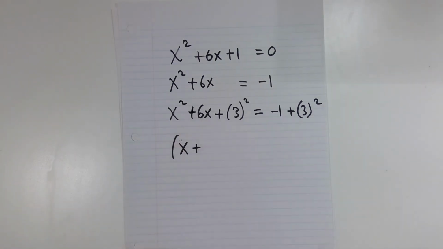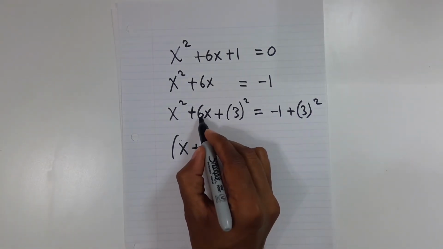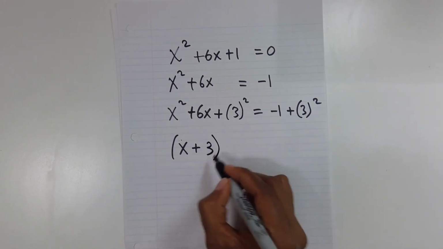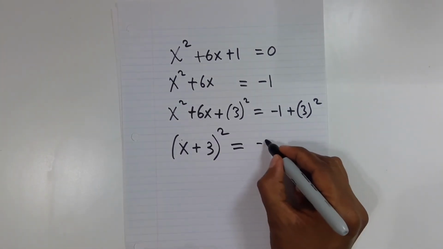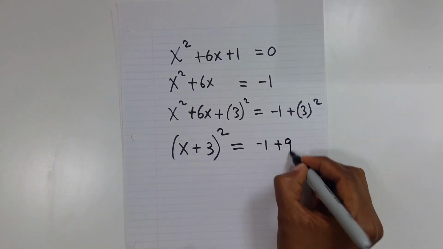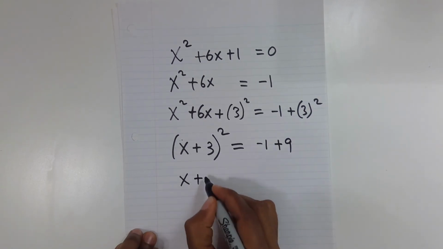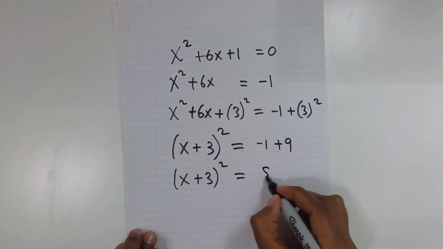Because this is plus. Okay, so what goes in here, we say the coefficient of the x term divided by 2, that's 3 squared is equal to negative 1 plus 9. Okay, so x plus 3 squared is equal to 8.